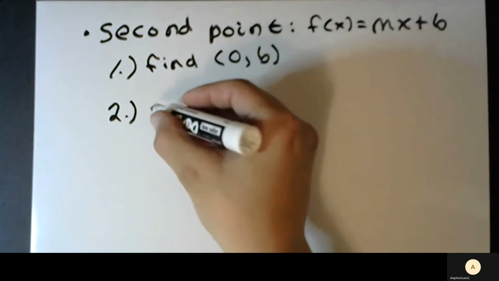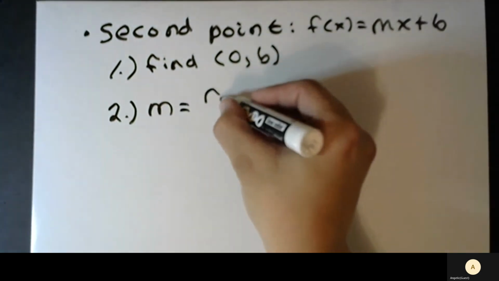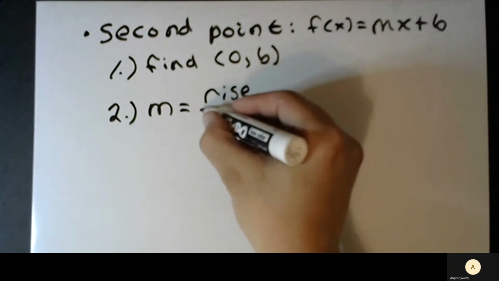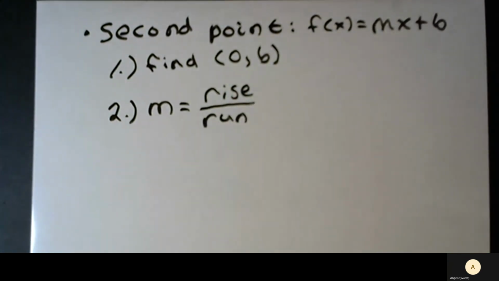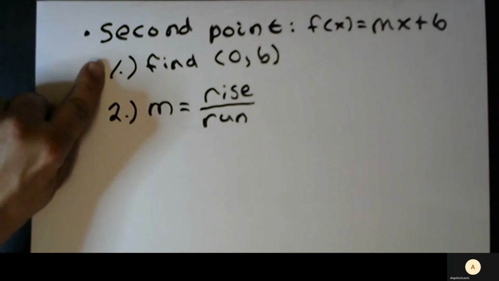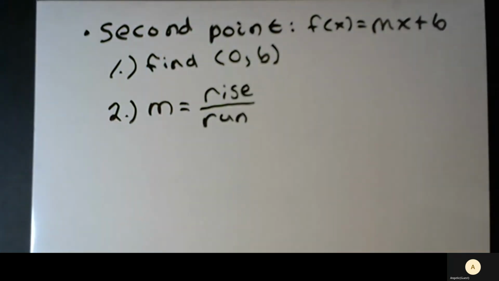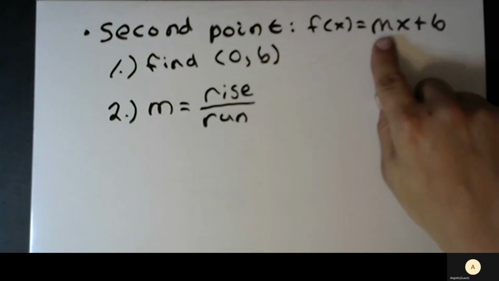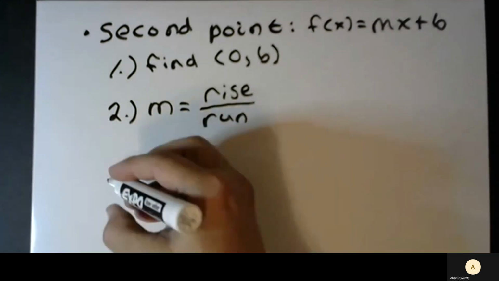Then we take our slope and we break it down into rise over run. So we identify our y-intercept as 0, comma b. Then we take our slope, we break it into rise over run.